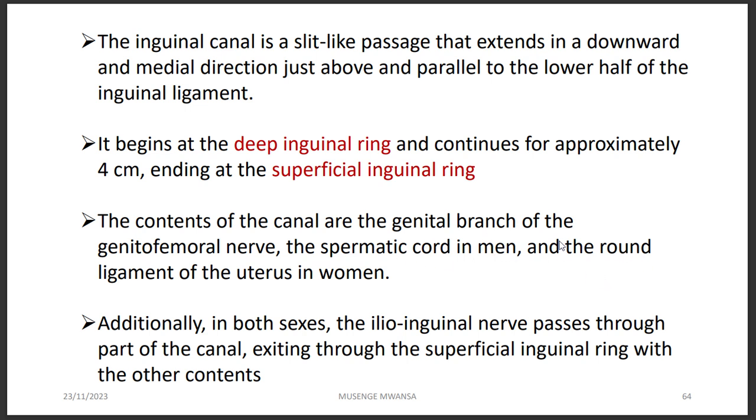In women, you have the round ligament of the uterus, or ligamentum teres of the uterus. In men, the spermatic cord. Apart from these, you also have the ilioinguinal nerve, which will exit through the superficial inguinal ring.